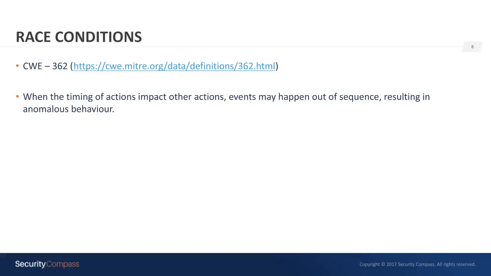So when I say that there is a cross-site scripting vulnerability, what's the underlying weakness for that? That underlying weakness would map back to a CWE number, which is, hey, I took untrusted input from the user, but I didn't properly sanitize it before using it as output on a web page. That would be the underlying weakness.